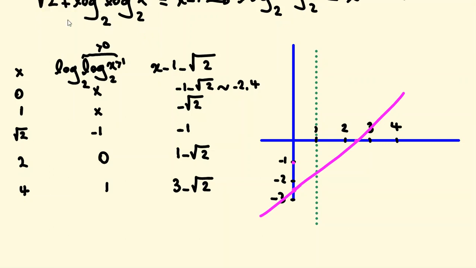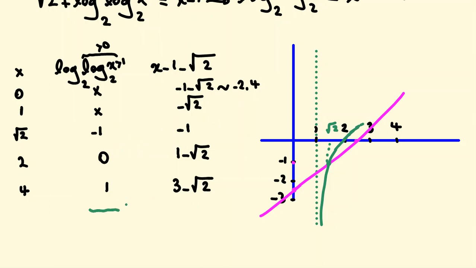And now if I want to draw the green function, I say, okay, it will be something like this. Vertical asymptote. It will be root 2 here, if we consider. And in 2, it will be 0. And now, let me tell you something. Here, if you pay attention, in 2, the green one is what?